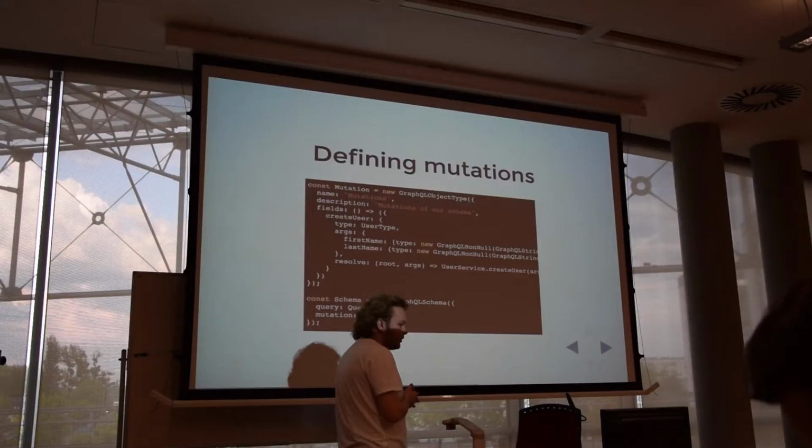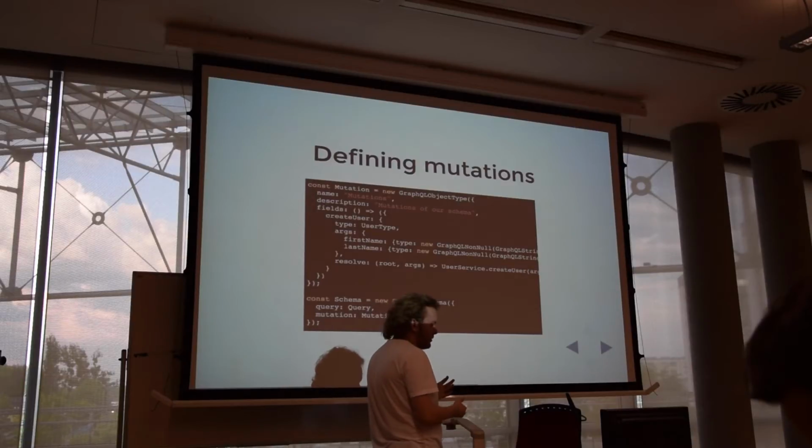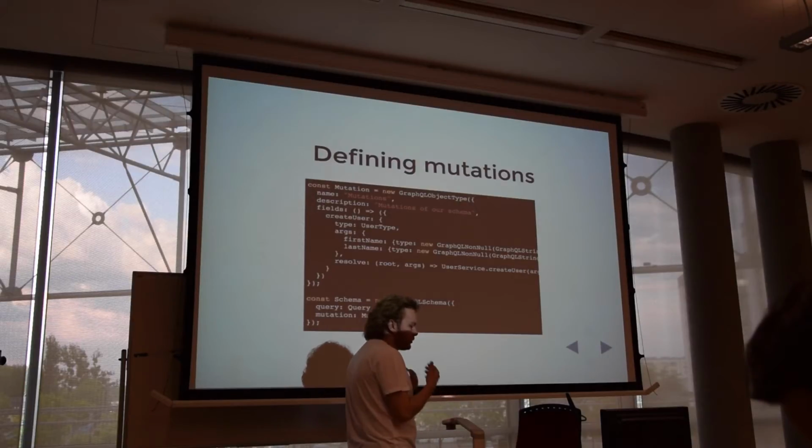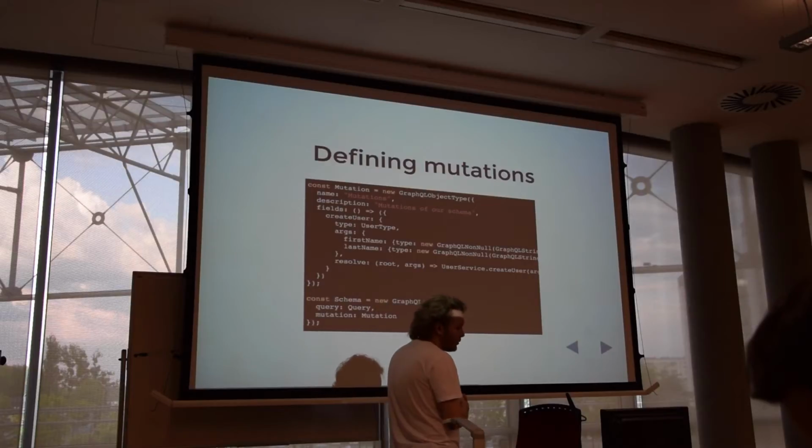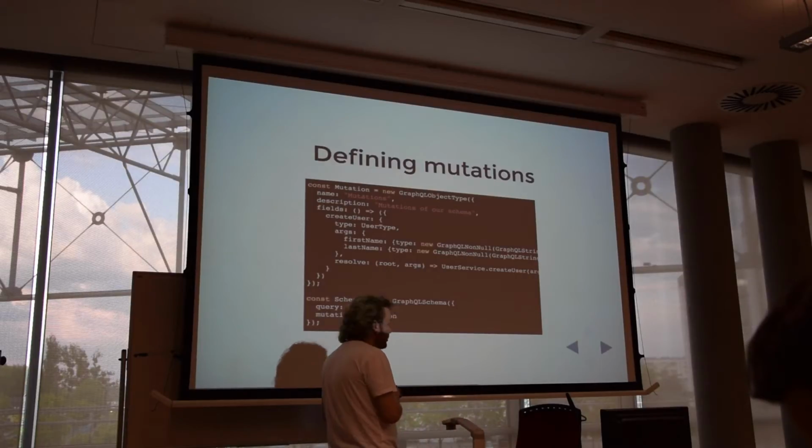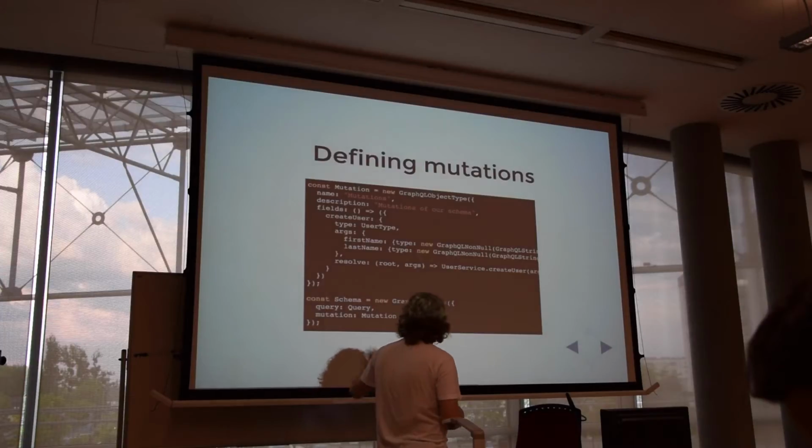Which object will that mutation return, and which arguments we want to create that user. In this case, I simply want to get the first name and last name, and I say that these cannot be empty.